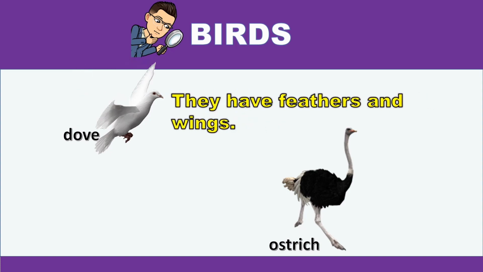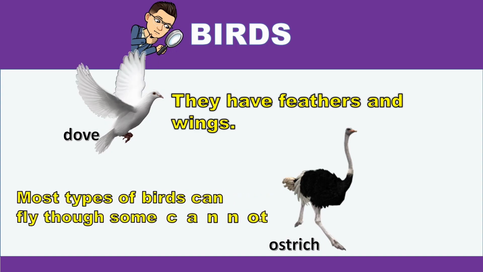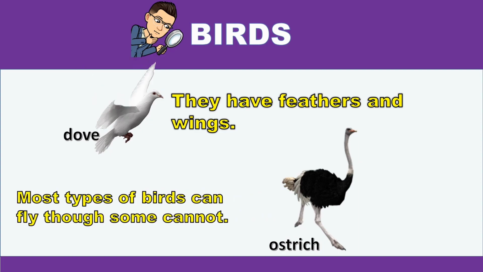They have feathers and wings. In that picture, class, what do you think the dove can do that the ostrich cannot do? Correct. The dove can fly while the ostrich cannot. Most types of birds can fly, though some cannot.